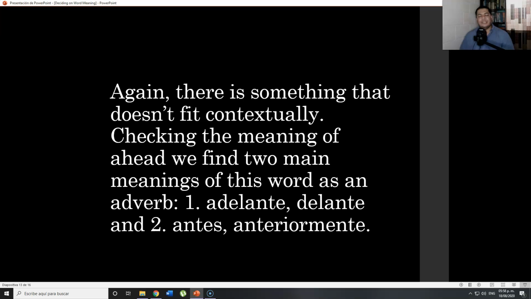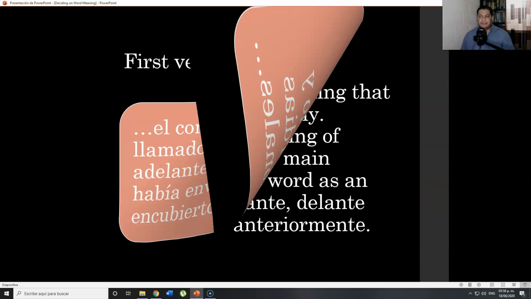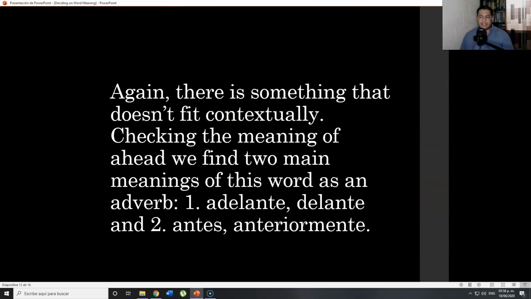This translation definitely gives you the feeling of location. It says, el comandante había llamado por radio adelante del Vaticano.